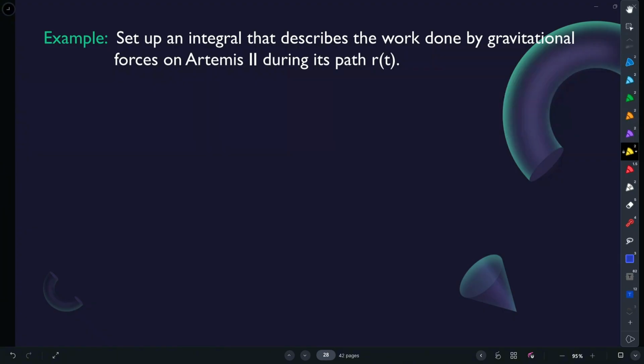So the force on the path is going to be the sum total of the vector fields that are generated by gravitational pulls of Earth, first of all, then the moon, and to some extent the sun.